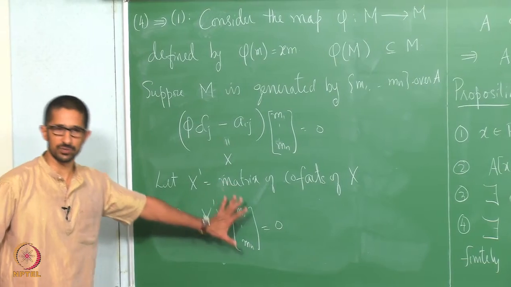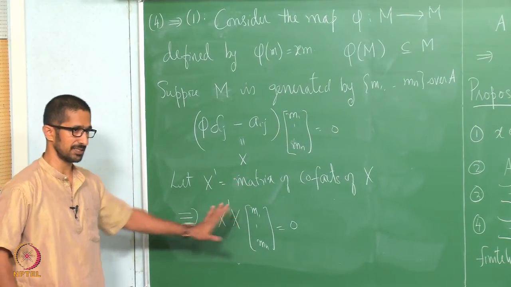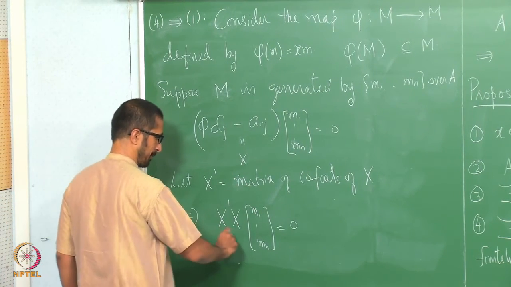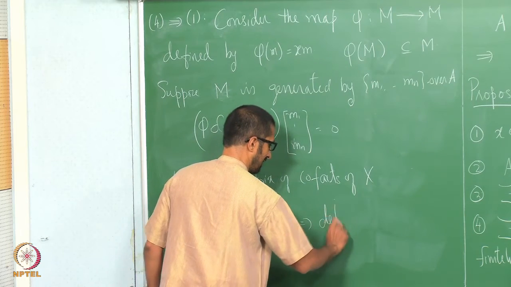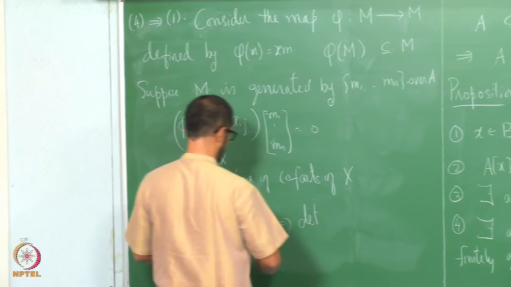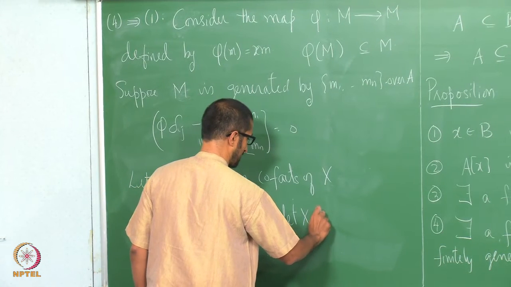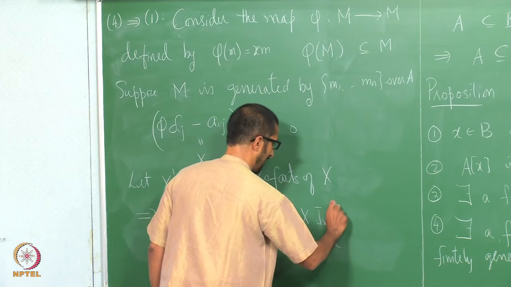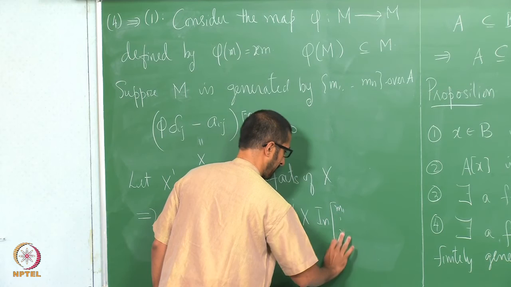We are just going through the Cayley-Hamilton theorem in some sense, but this is the determinant of this matrix X times In acting on m1 up to mn.